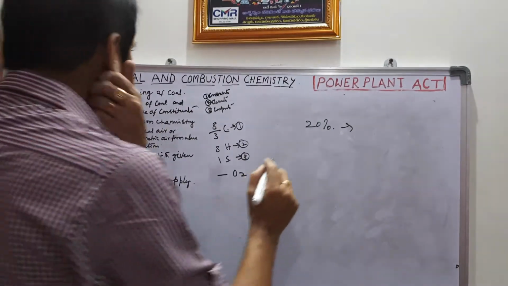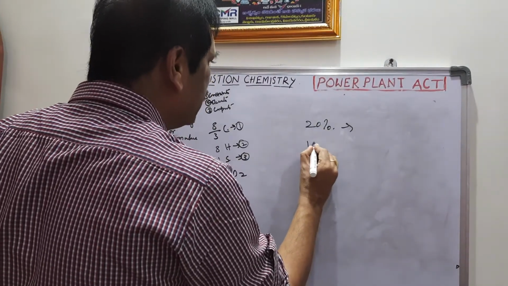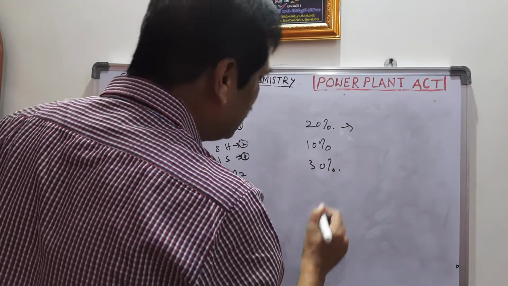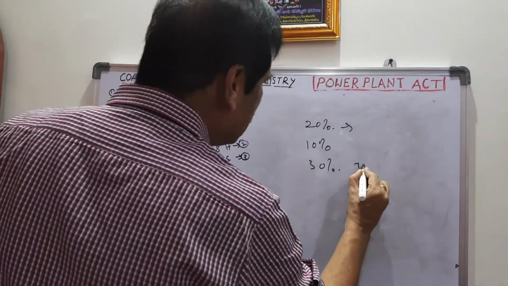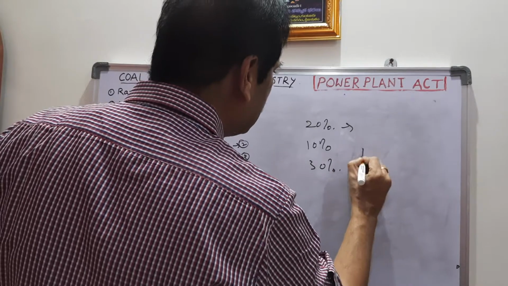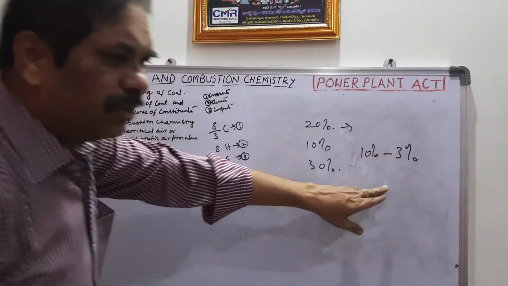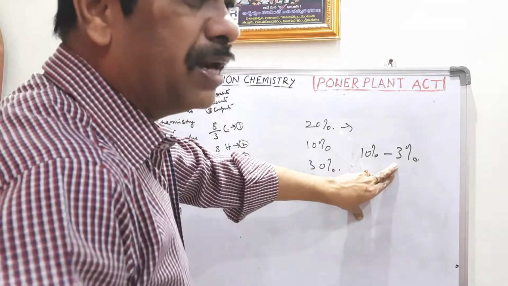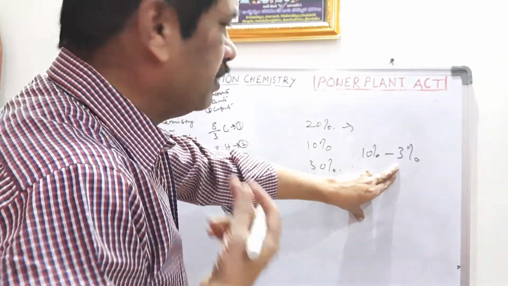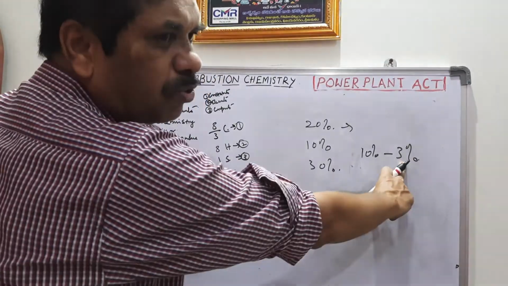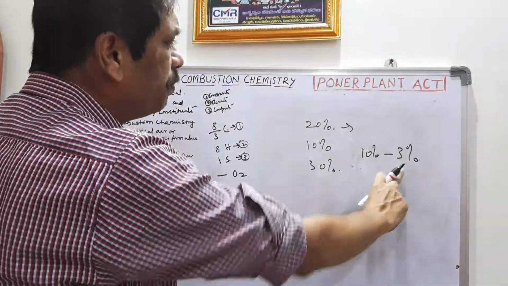If instead of that you provide 10% extra, that means if you provide 30%, then for every 10% excess air, the fuel consumption is going to increase by 3%. 3% coal consumption is going to be increased.